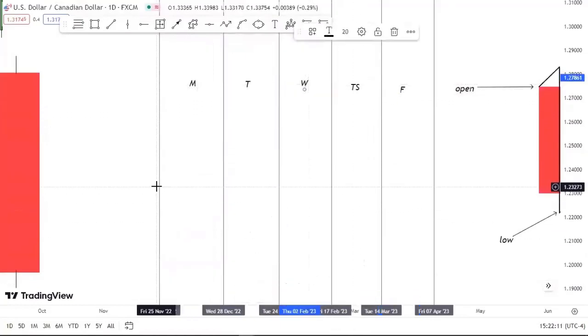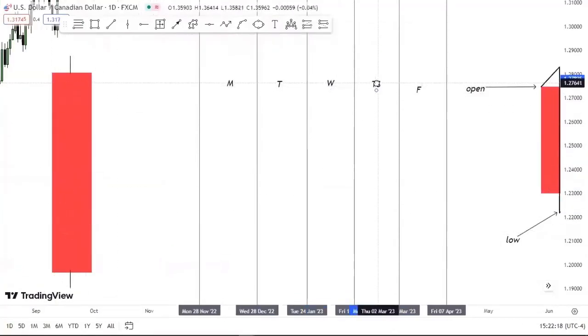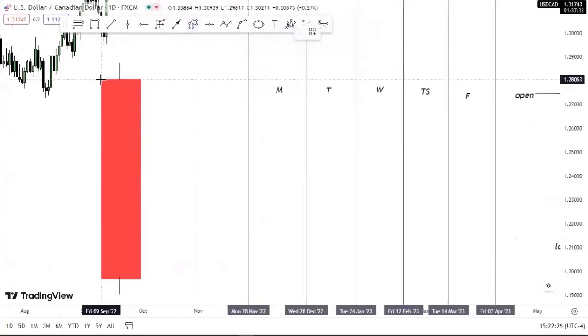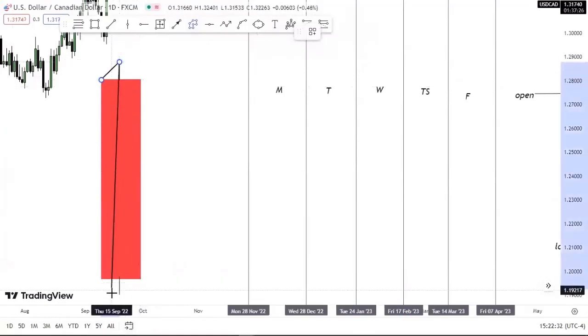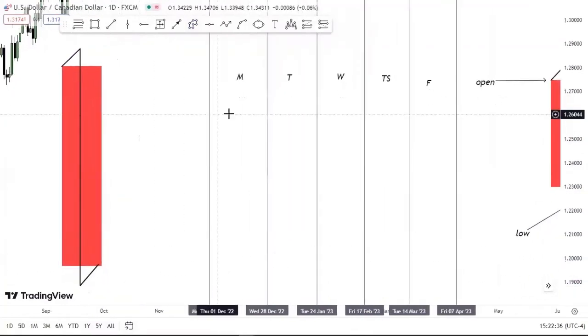Since on the weekly time frame a single bearish candlestick is forming, and look how the bearish candlestick is forming on a typical bearish week like this. Open, high, low, close. So what does that mean? It means that at the beginning of the week, you should be expecting what?